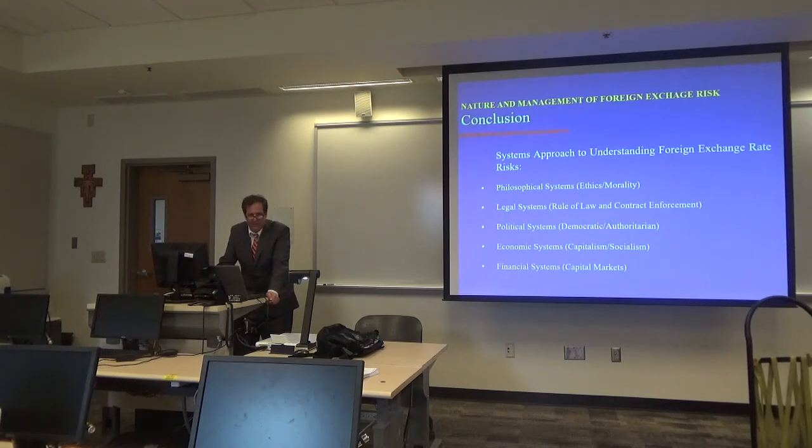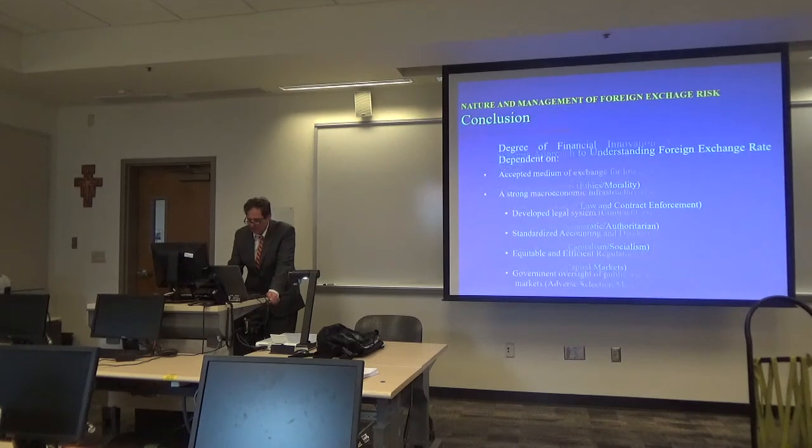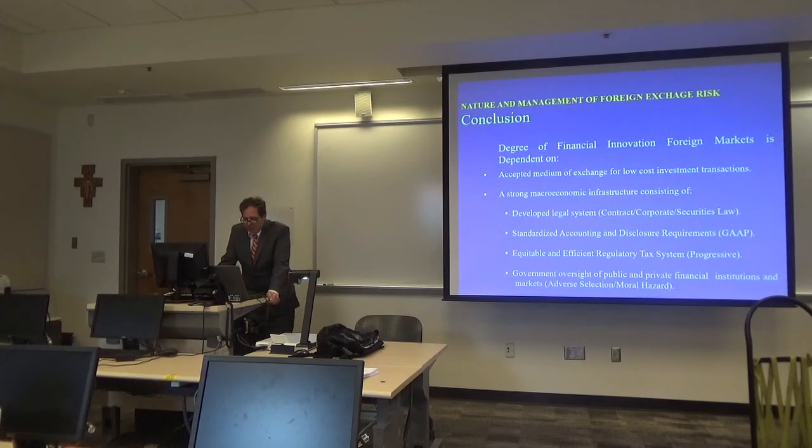And then the financial systems: the efficiency of the capital markets, the liquidity, the availability of securities within the marketplace. So the degree of financial innovation in foreign markets is dependent on the accepted medium of exchange for low-cost investment transactions.